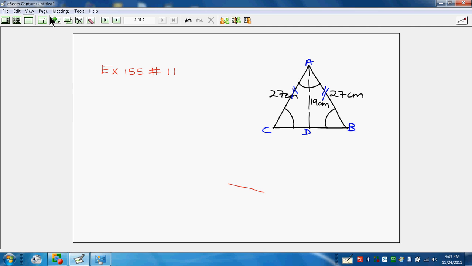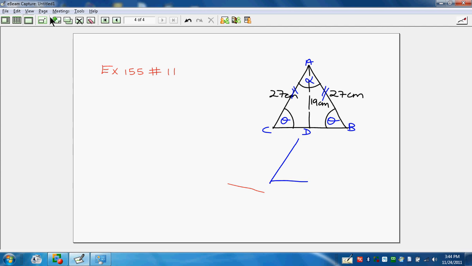then we know that these two angles here will be the same, theta, those will be the base angles, and the angle at the top, if we call that alpha, that will be the apex angle. Now we could find angle theta by isolating the triangle ACD, for example.